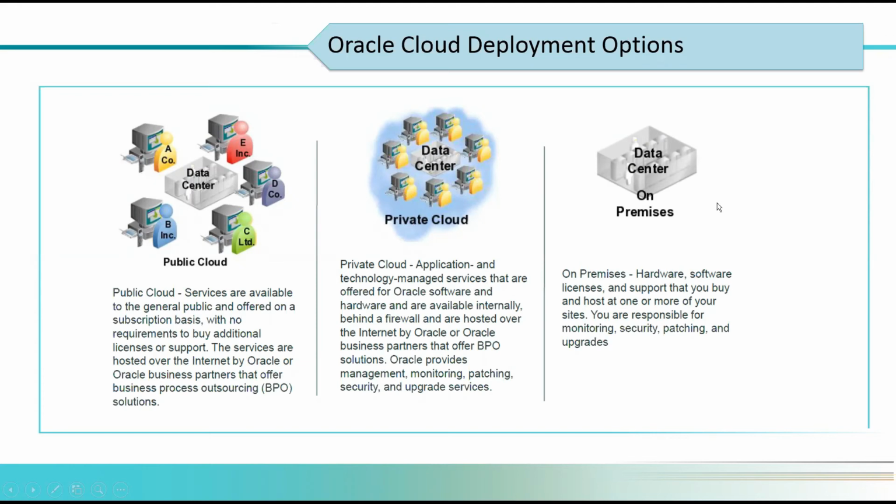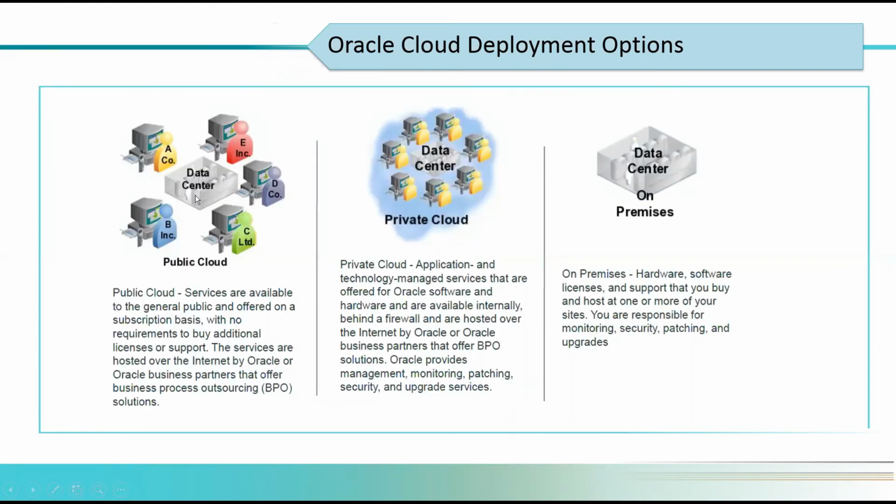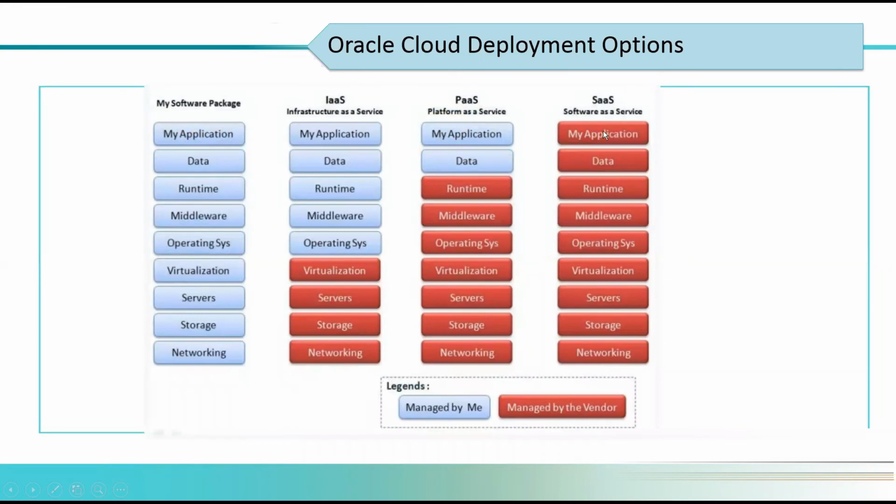These three different models are offered by Oracle, and in turn they tell you there are three kinds of services in the market. The first is called software as a service. In the public cloud, Oracle maintains everything, right? That is called software as a service.